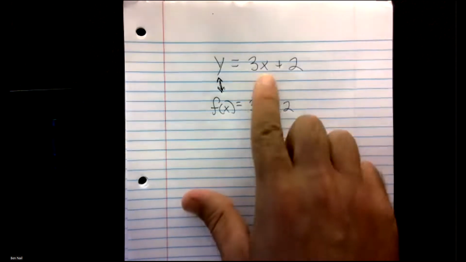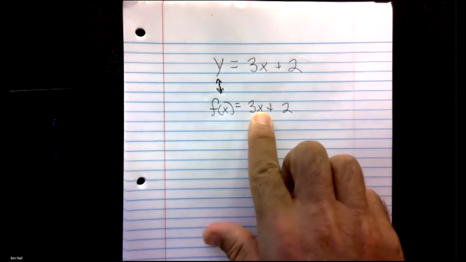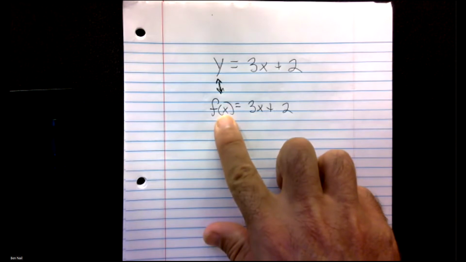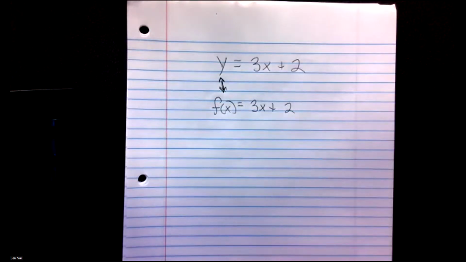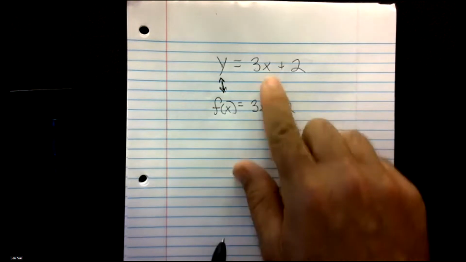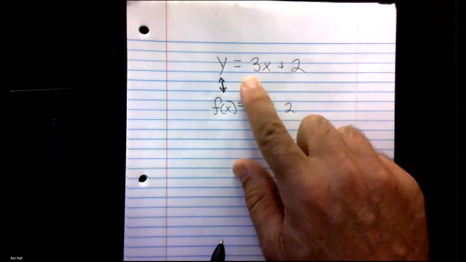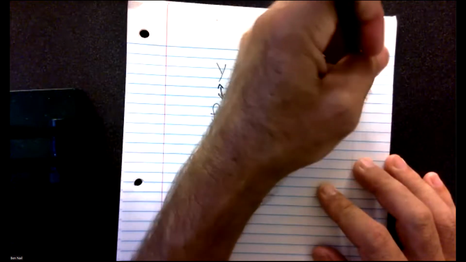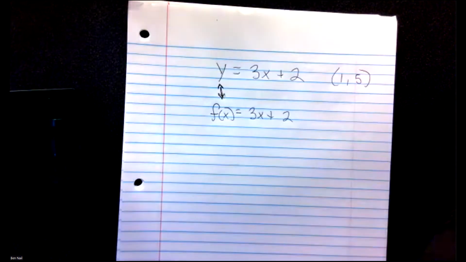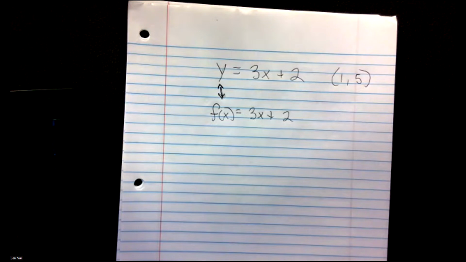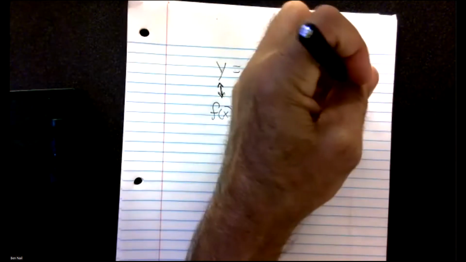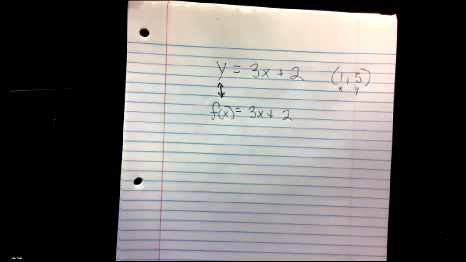So if you can find the solutions to this, it's the same. That f of x is referring to the y. So in very much the same way, if I plug 1 in for x, 3 times 1 is 3, 3 plus 2 is 5. So 1 and 5 is a valid solution for that equation, where my x value is 1 and my y value is 5.